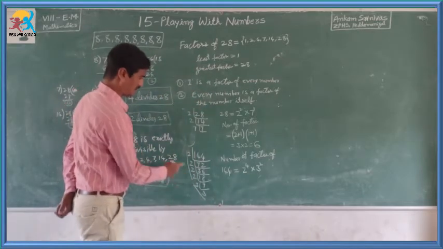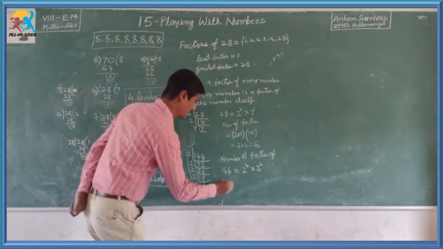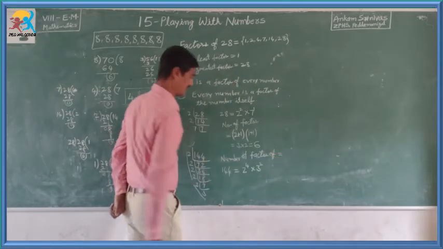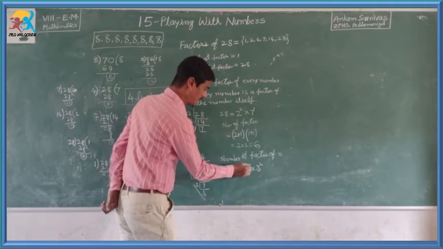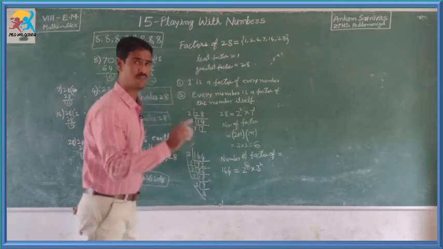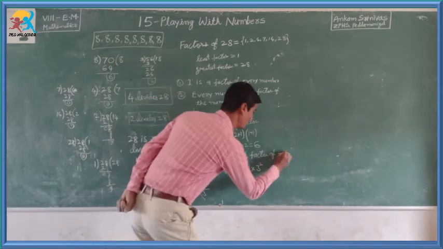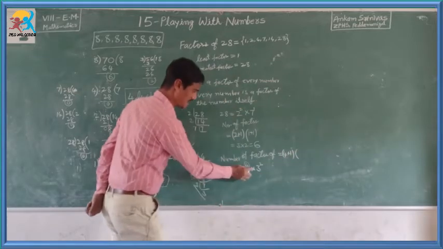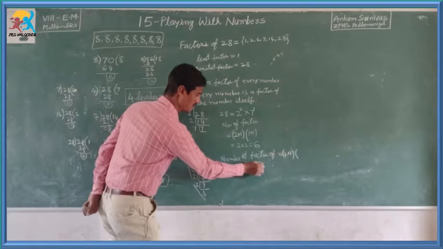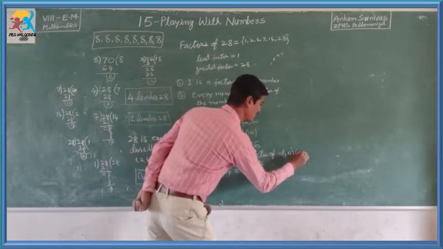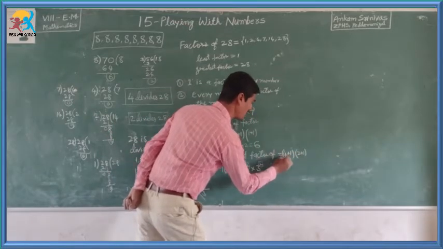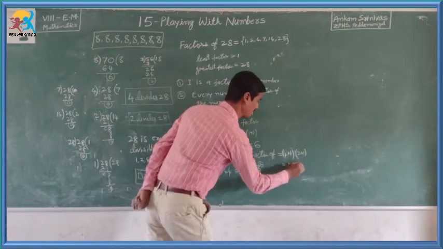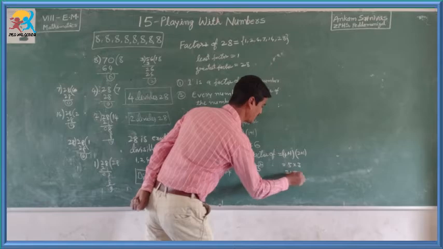So we will get the number of factors of 144 is equal to: the first exponent is 4, so 4 plus 1, into the second exponent is 2, so 2 plus 1. 4 plus 1 is 5, 2 plus 1 is 3, equal to 15.